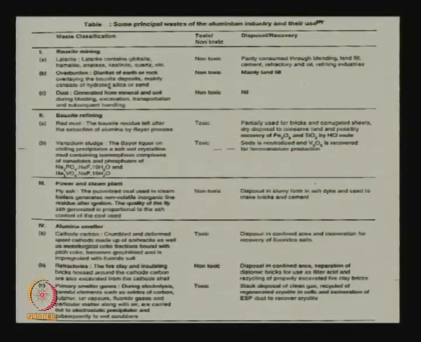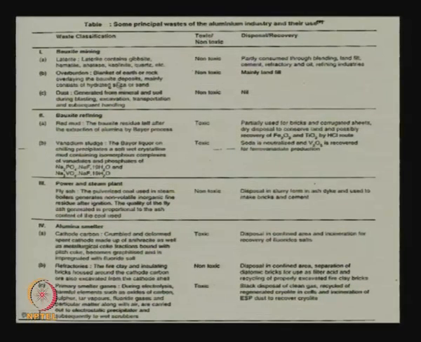Now, it is a bit difficult to read, so I will quickly go through this and end the lecture here. You just listen to what all things it actually gives: some principal wastes of the aluminum industry and their use. People have looked at it and found there are uses for it. In bauxite mining, there is laterite, which contains all kinds of minerals, the overburden that has been taken out from the top, and there is dust.